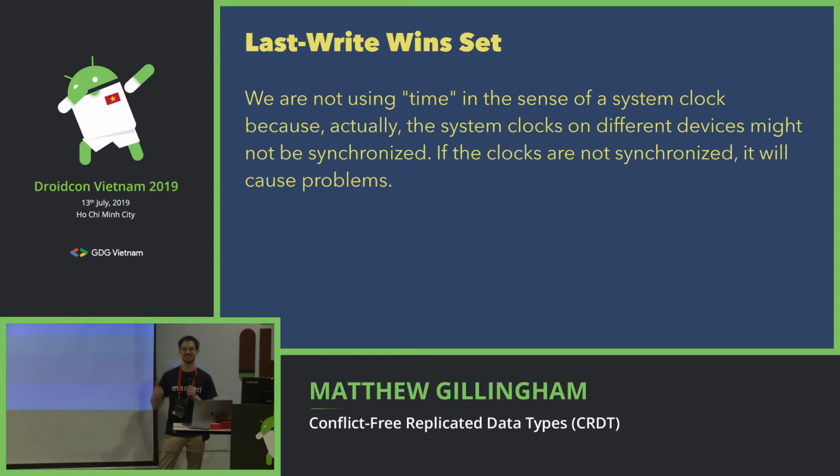Imagine if we were to do a last write wins set, and a user could set their clock one day in the future, then all of their edits would win and everybody else's would lose. So we don't want to use the system time, but we still want a concept of time in our system that enables us to decide what order these events occurred in.